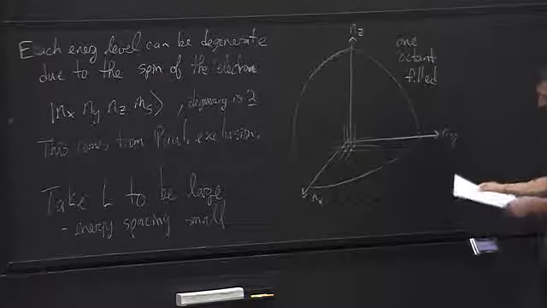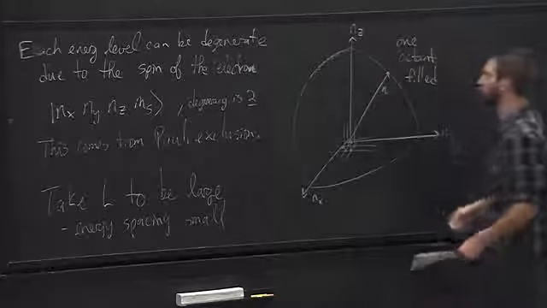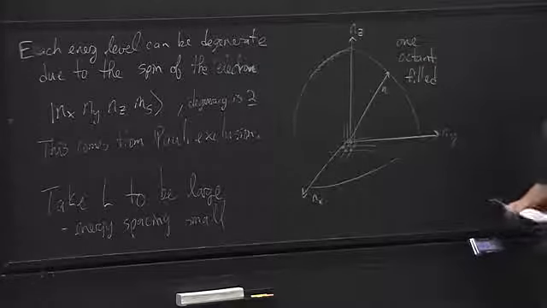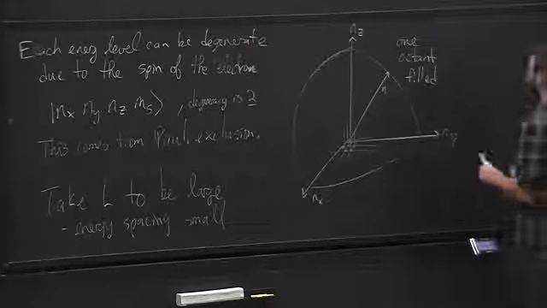There's a certain radius, which I could call n, or I could call k if I'm doing this in k space.